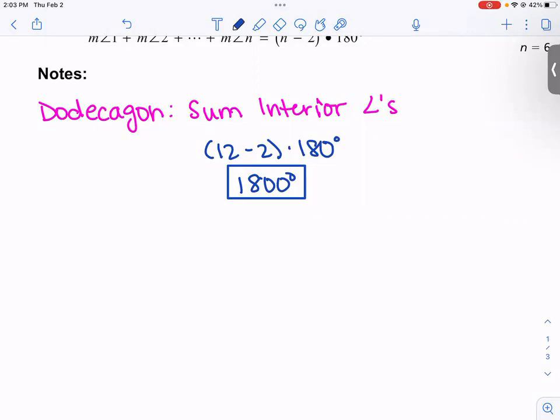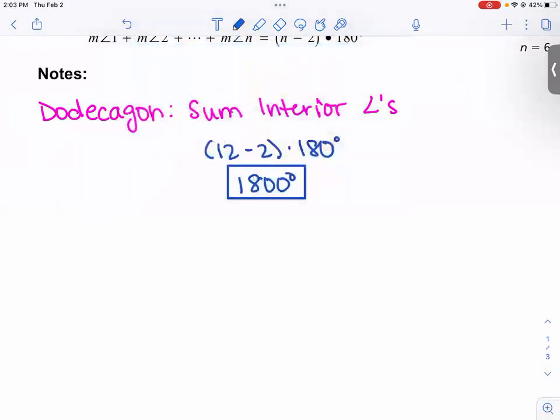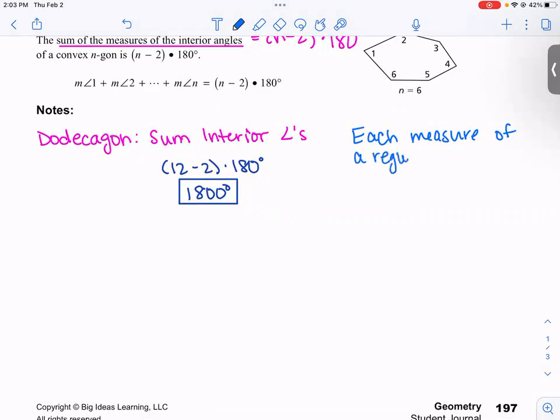Now, what if I wanted to know each measure of a regular dodecagon angle?